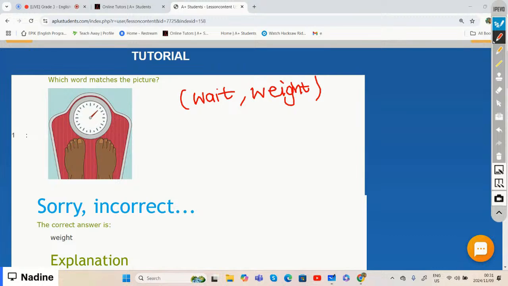So if we look at this picture over here, which word of these two words matches this picture? Is it the first one that says, you need to wait, I'm coming, just hang on? Or is it the second one, I gained weight, I lost weight?